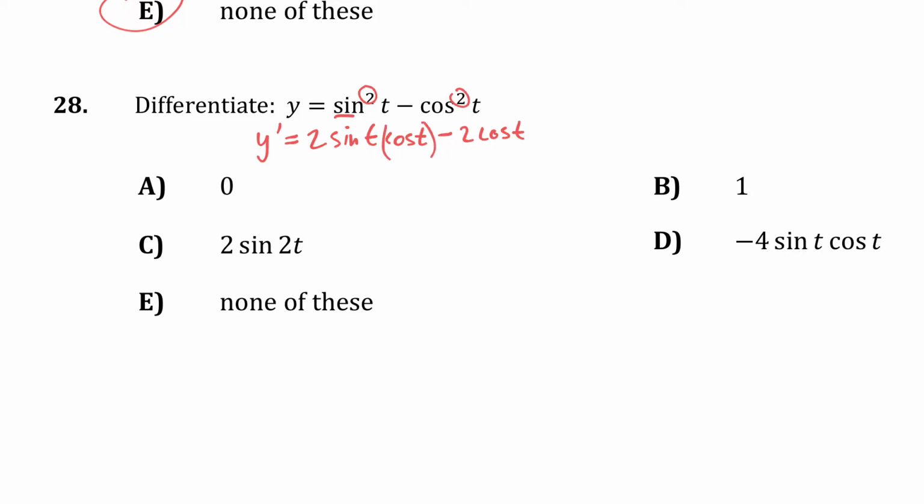Maybe I'll put this in parentheses here. Negative sine t. And what you get is 2 sine t times cosine t plus cosine t sine t.